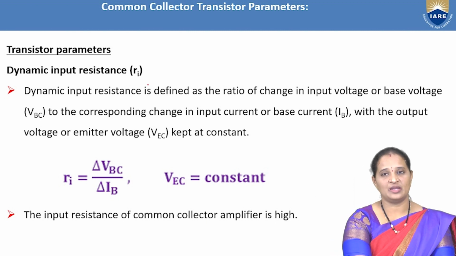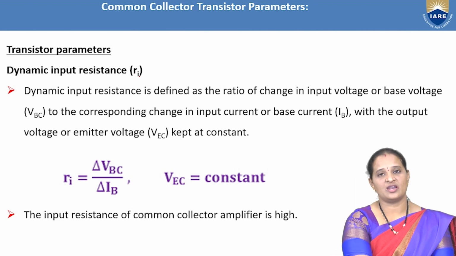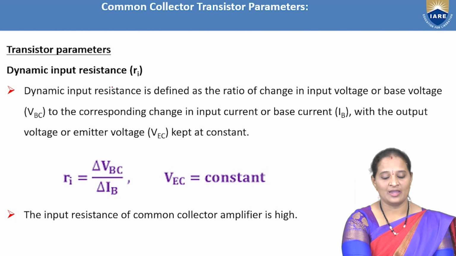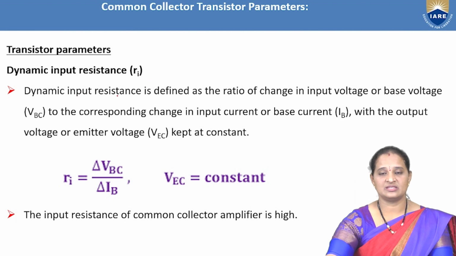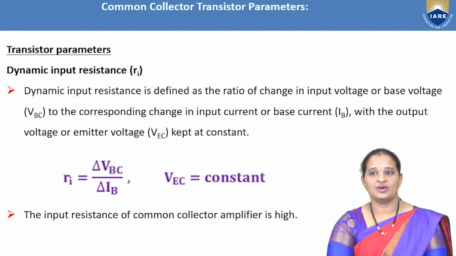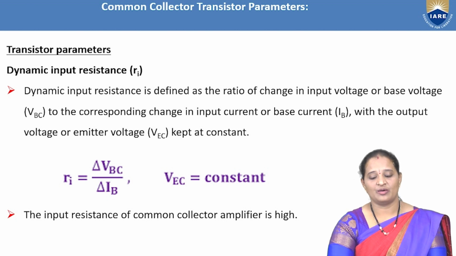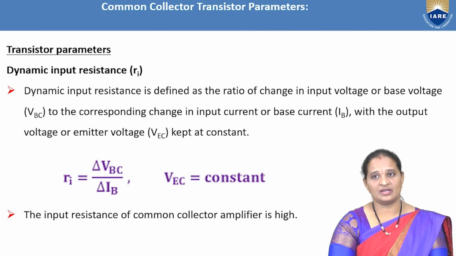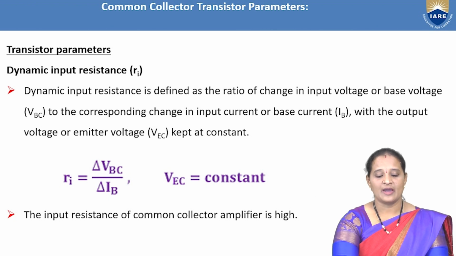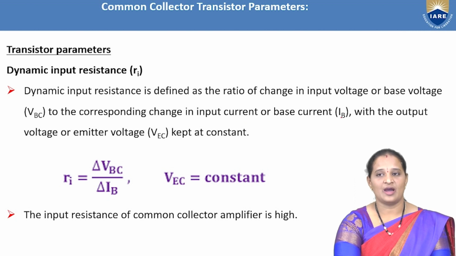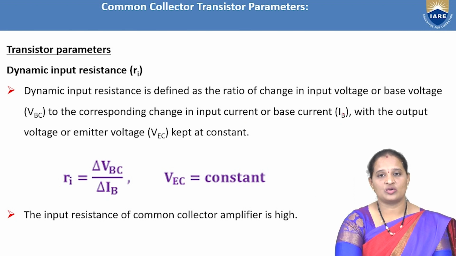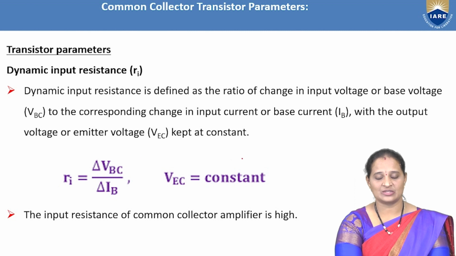So now, from the input characteristic curve, we can define one more parameter, which is nothing but the dynamic input resistance. All the dynamic characteristics are represented with small letters, so small ri. A dynamic input resistance is defined as the ratio of a change in input voltage. What is the input voltage in common collector configuration? VBC, that is the collector to base voltage, with respect to the change in input current IB, by keeping the output voltage VEC constant.